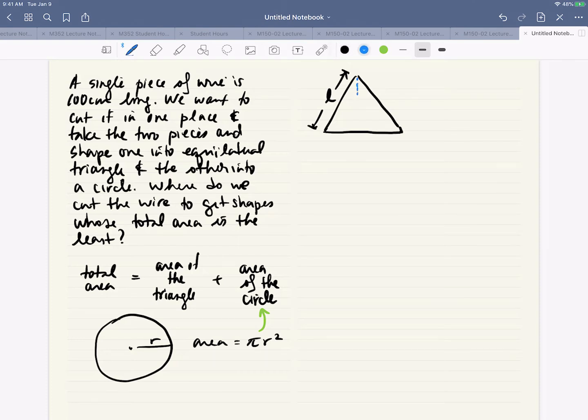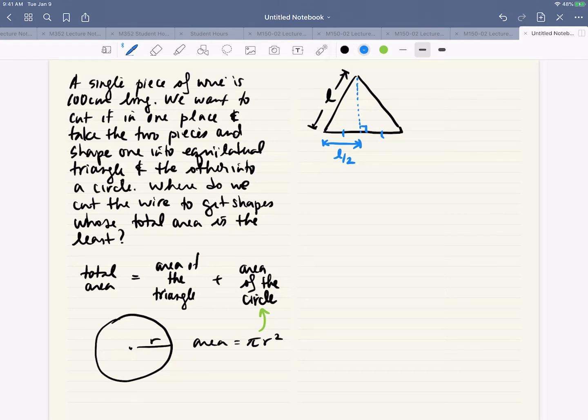So if I were to drop a perpendicular here to get the height, what do I know about a perpendicular? Well, some basic geometry that hopefully you've seen. When you drop a perpendicular, it's perpendicular to the base. And in this case of an equilateral triangle, it bisects the base. So that means that this length right here is L over 2.